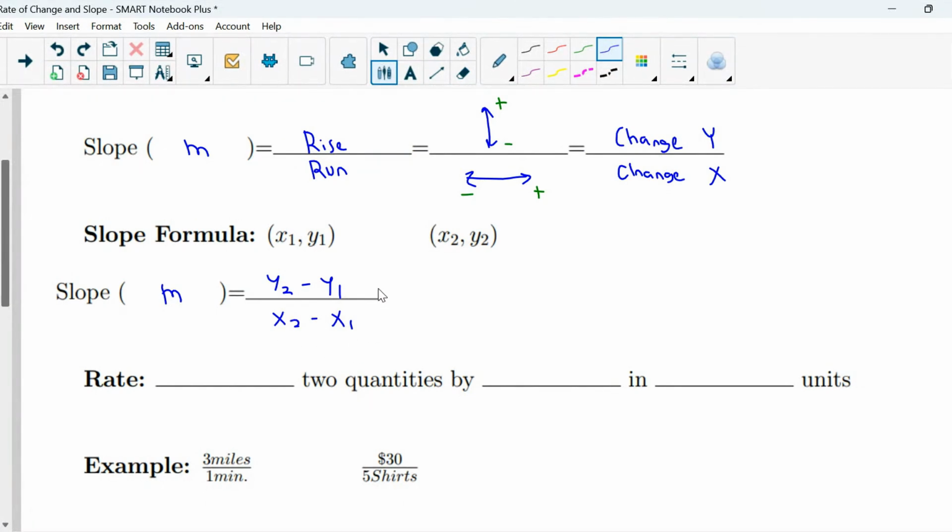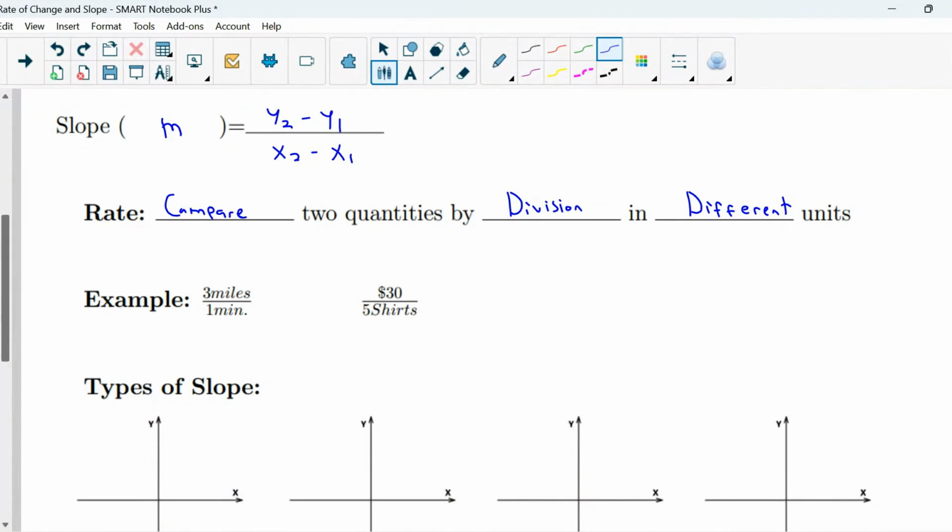Okay, we've already talked about the definition for rate. Remember, rate is when you compare two quantities by division in different units. So an example like this, we have 3 miles per 1 minute. Remember, this is a unit rate because you are comparing 3 miles to 1 singular minute.